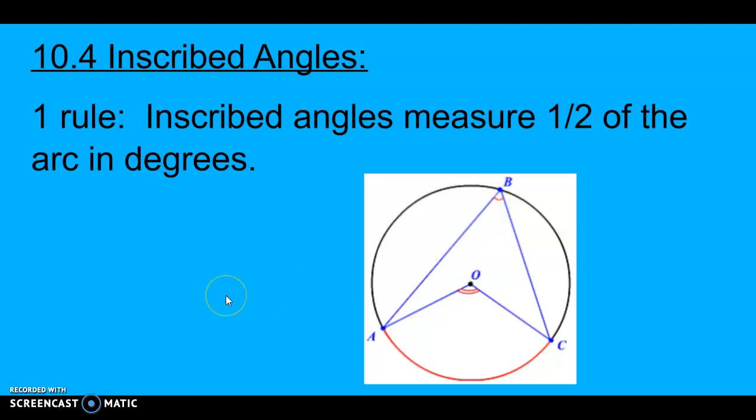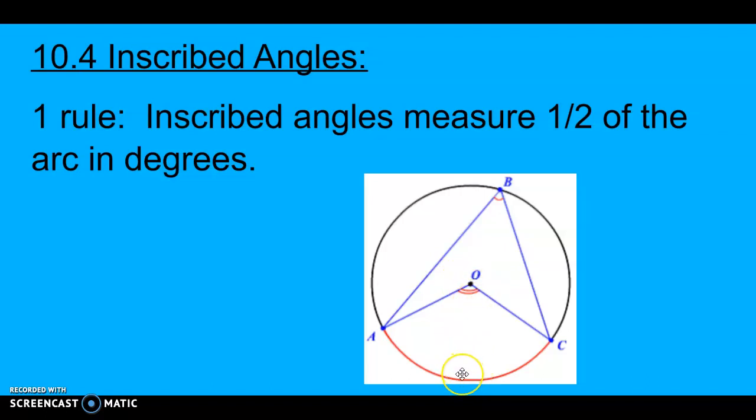So we only have one rule involving inscribed angles, and it's going to be very similar to what we did with central angles, where the inscribed angle is going to be half the measure of the arc in degrees. So if we look at the picture you see here, where you have this arc AC marked in red, we know that this angle O is going to have the same measure as arc AC.